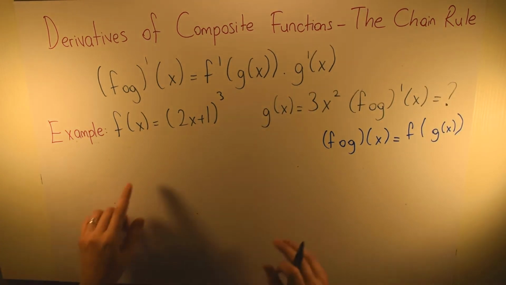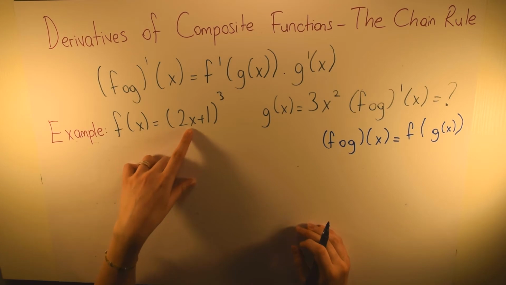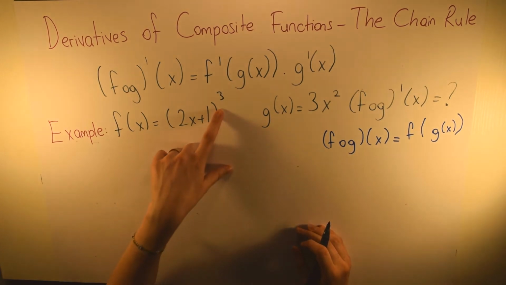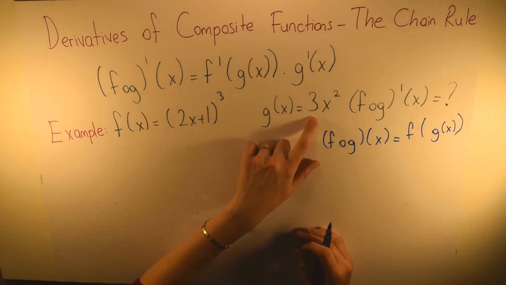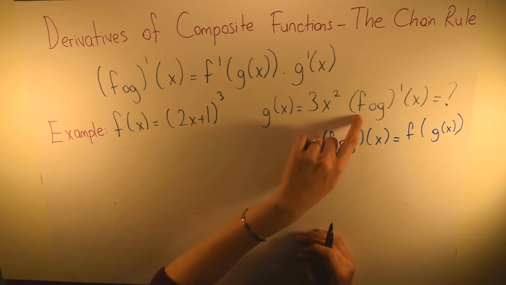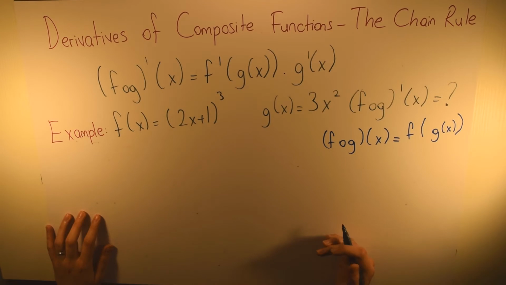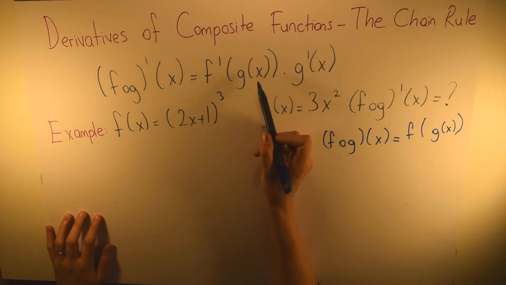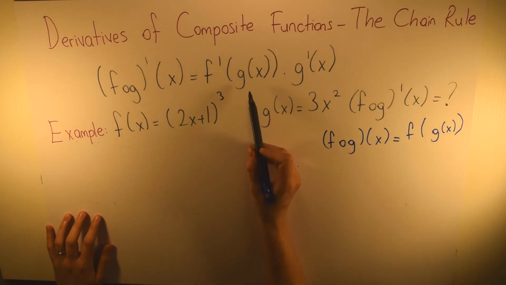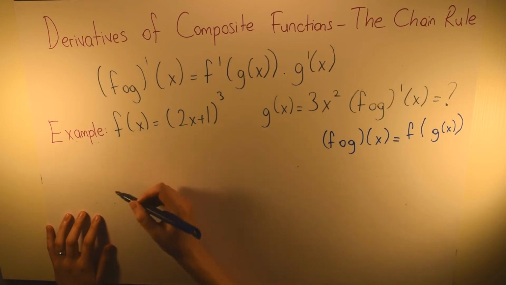Here we have f of x is equal to 2x plus 1 to the power of 3. g of x is equal to 3x squared. So what is the derivative of f of g of x? When we look at our formula, first we need to find the derivative of f of x.